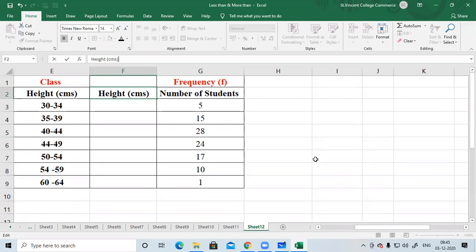Those who are good at calculations need not convert the entire data into continuous. You need to only convert the model class. So let's first identify the model class.